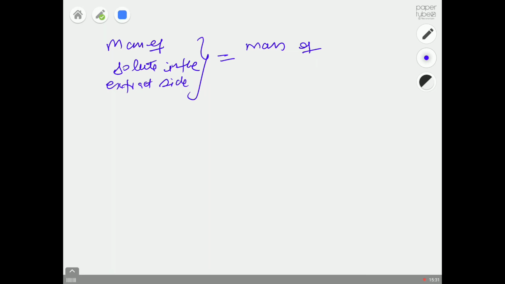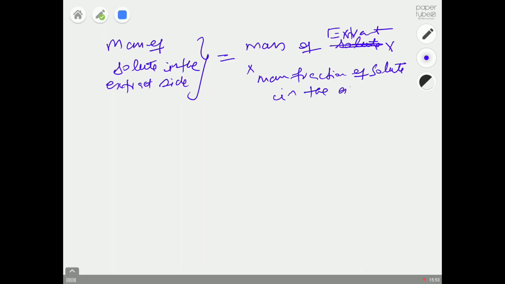So this will be the mass of your extract multiplied by mass fraction of your solute in the extract side.